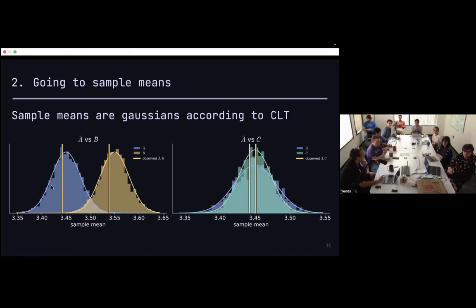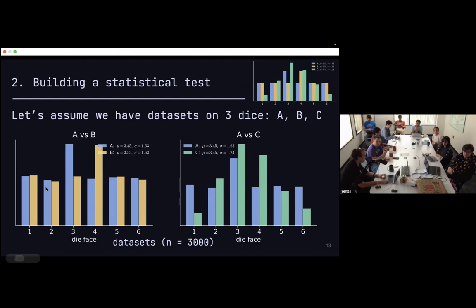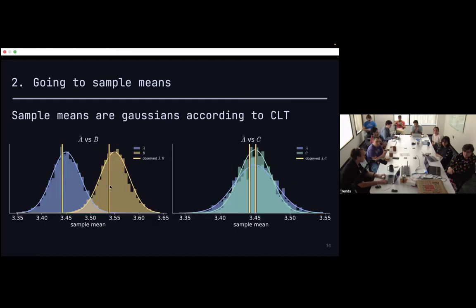These bells are describing those sample means. The gold lines here are the sample means of the example data set I showed in the beginning. So you see that they are different. Also, the distributions of those sample means are different under CLT, and CLT is also telling us that these distributions are Gaussian.